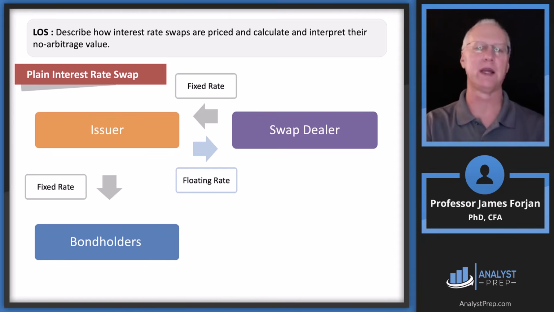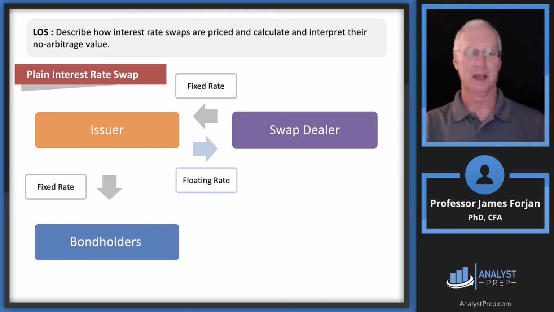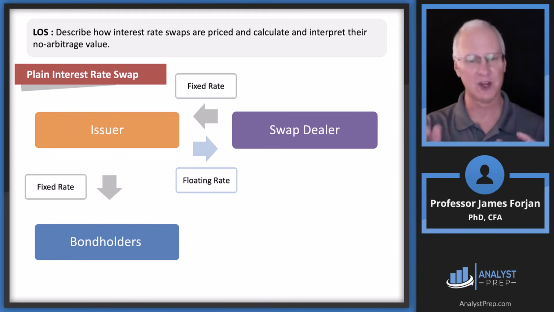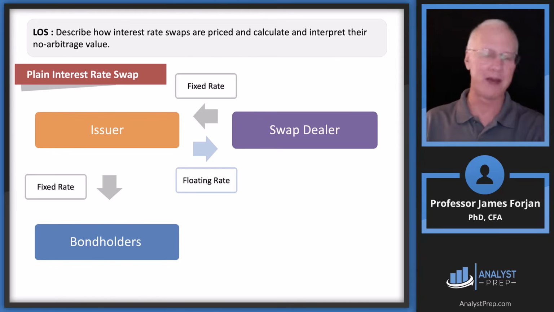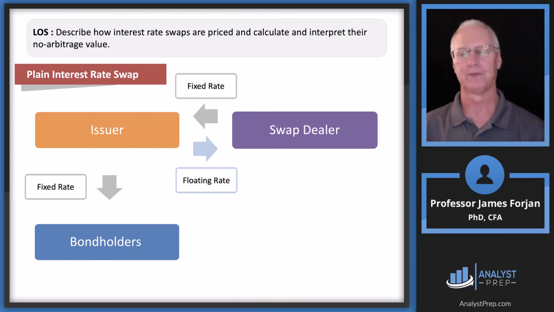So this is a plain interest rate swap. And this is a hedge. So all we're doing as the issuing entity is we're just getting the swap dealer to make our payments for us. And then we're going to make the opposite payment to the swap dealer. And so notice what this has done. It has turned a fixed rate bond into a floating rate bond. So when do we benefit? We benefit when interest rates fall.